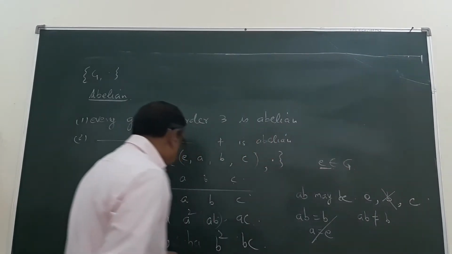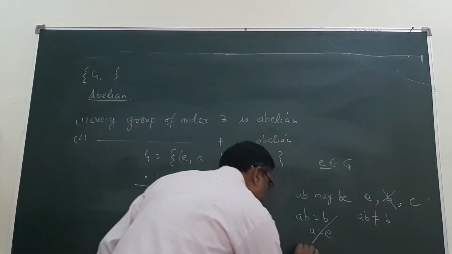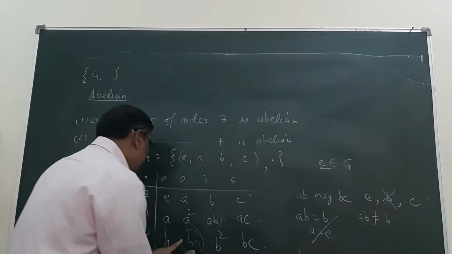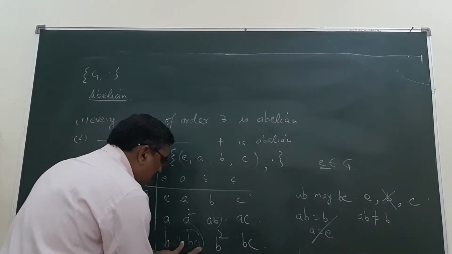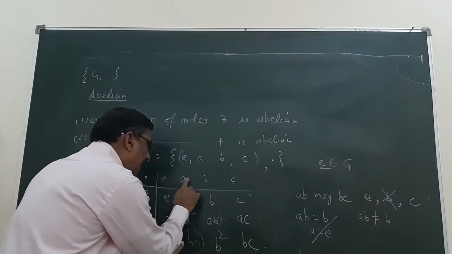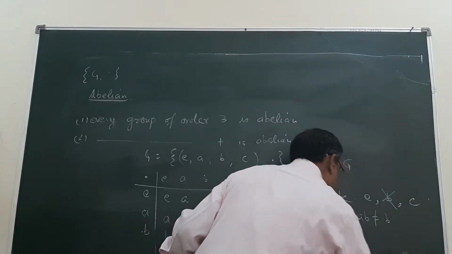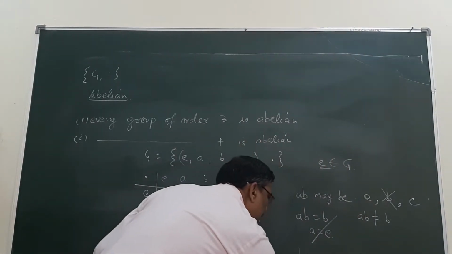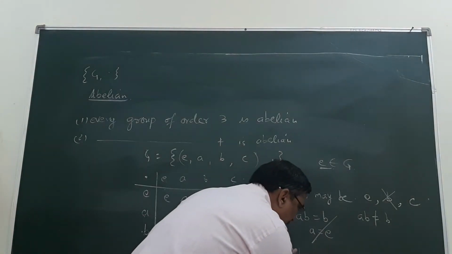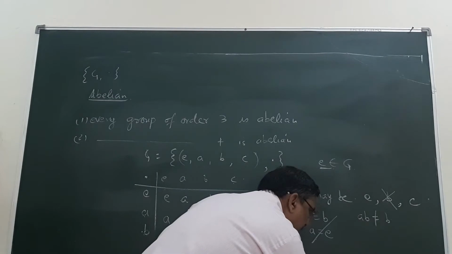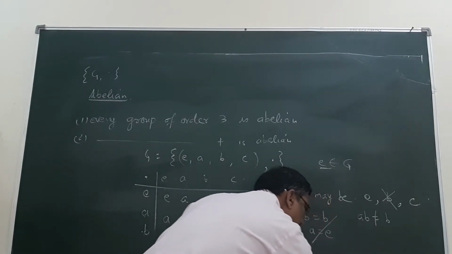Now again focus on this element ba. In this row b is already here, so this may be any one of e, a and c. If ba is equal to a, then naturally this implies b is equal to identity, which is not possible.